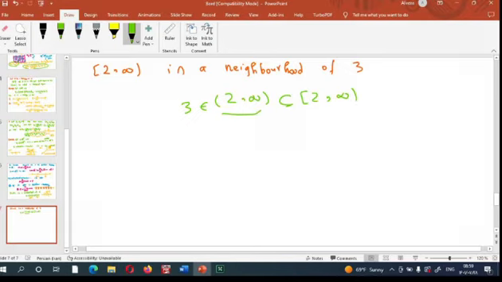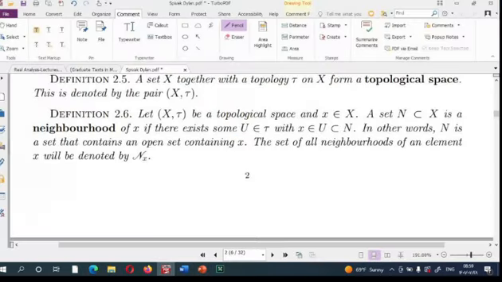This is an open set in Euclidean topology. Okay, and the set of all neighborhoods of an element x will be denoted by N of x.